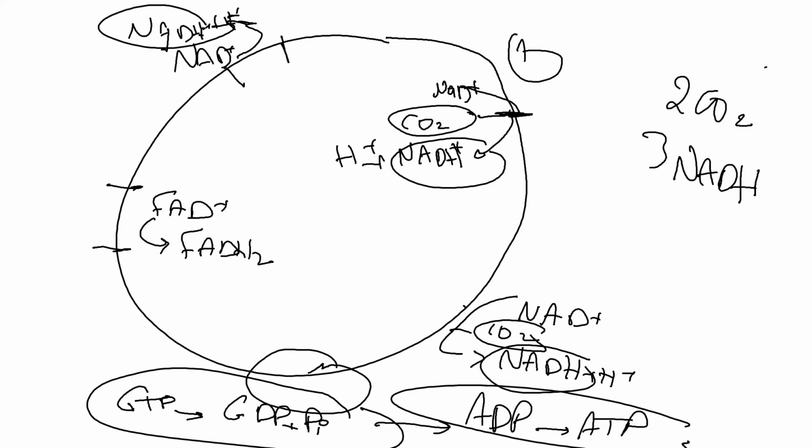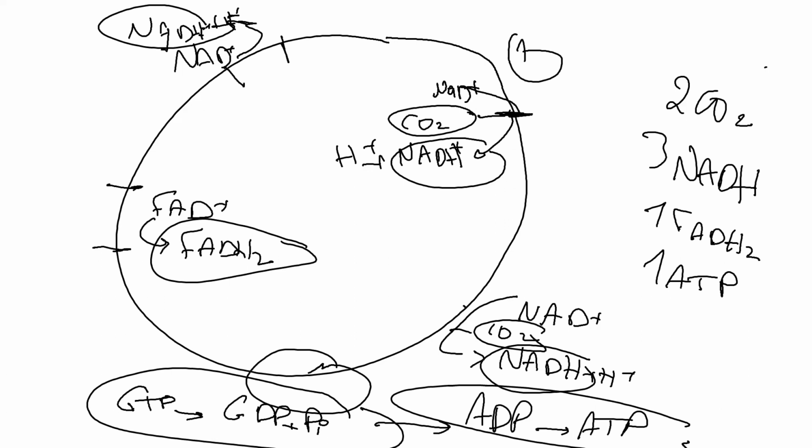We have one FADH2 and we have one ATP, which is here. So: two CO2, three NADH, one FADH2, one ATP.